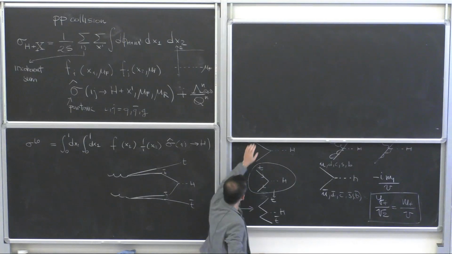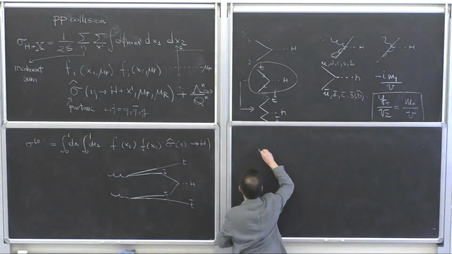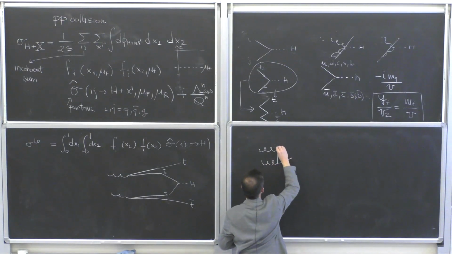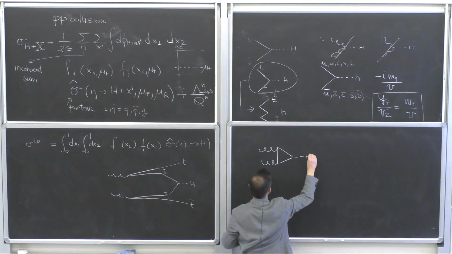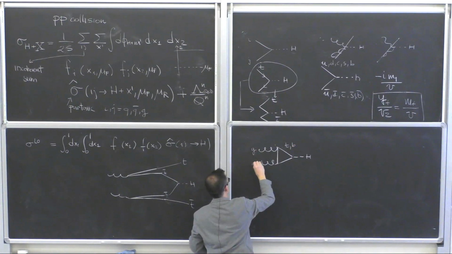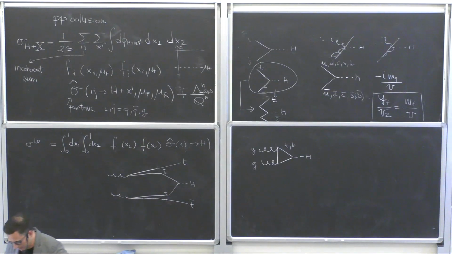Thank you. So the only thing we are left with now is the production of a Higgs through a loop. And as a recurring theme in these lectures, any reasonable person who sees this the first time would say, "Are you crazy?"